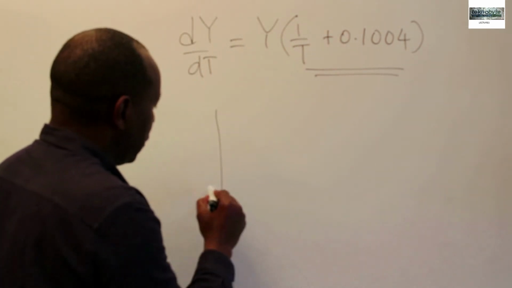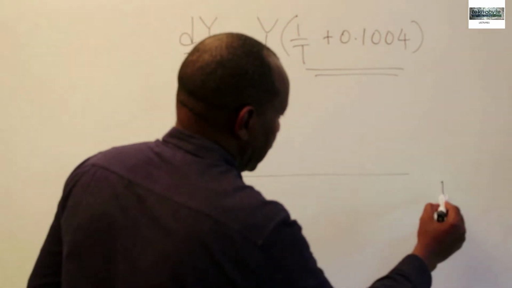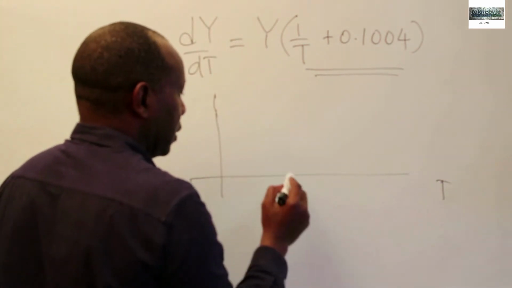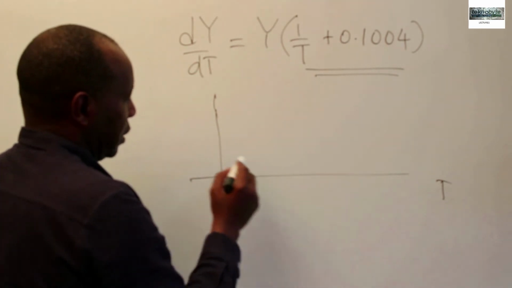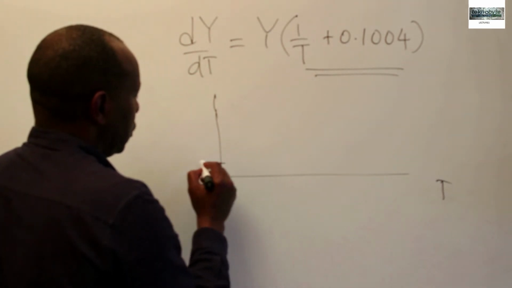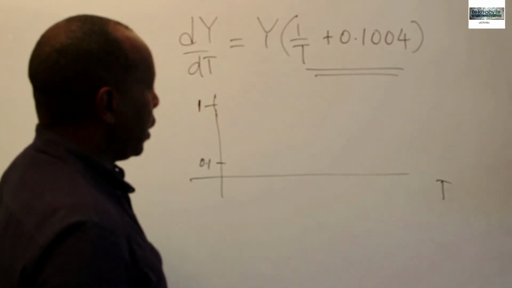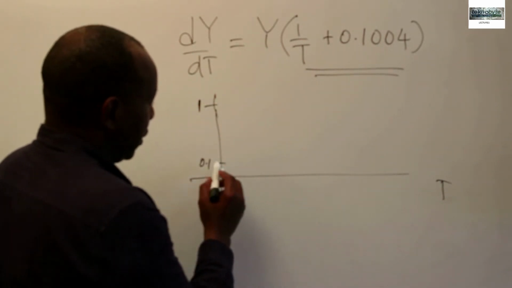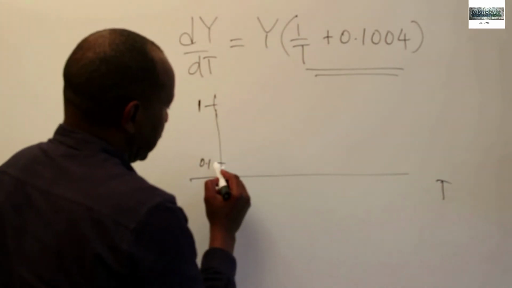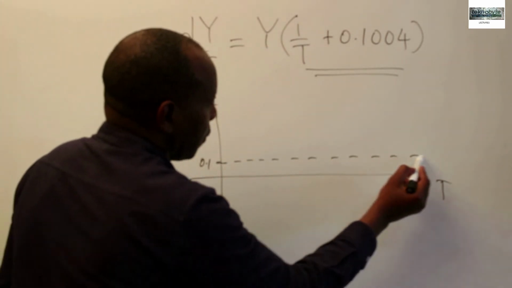If you look at the number of days, this is t, and let's say this is 0.1, and here is 1. Let's say the mark for 0.1004 is just around this level.